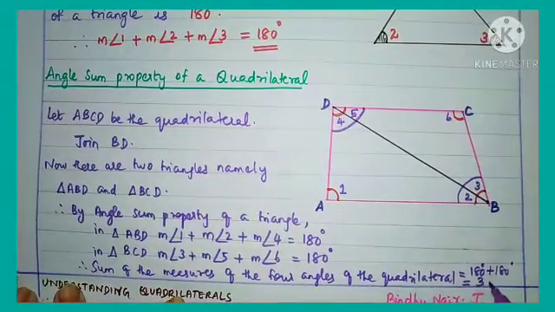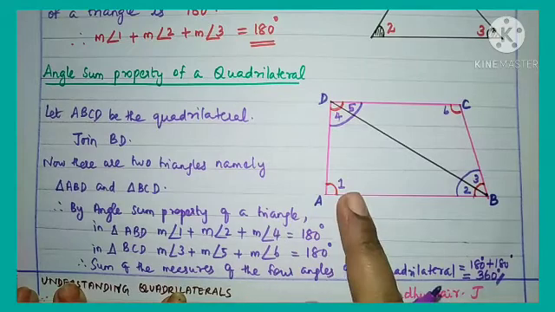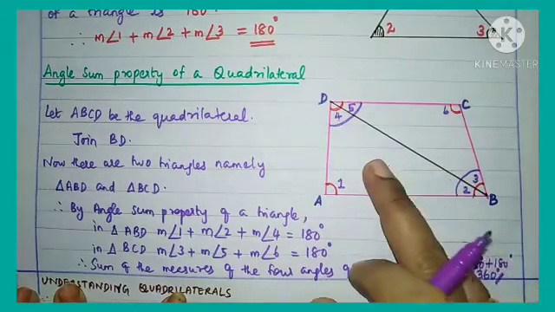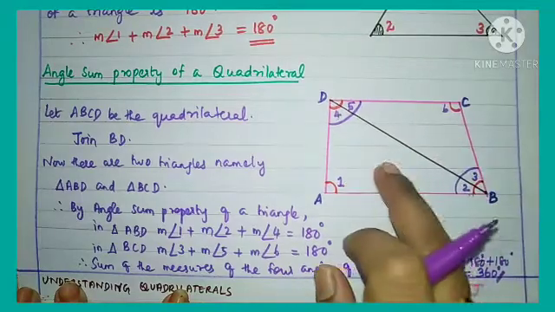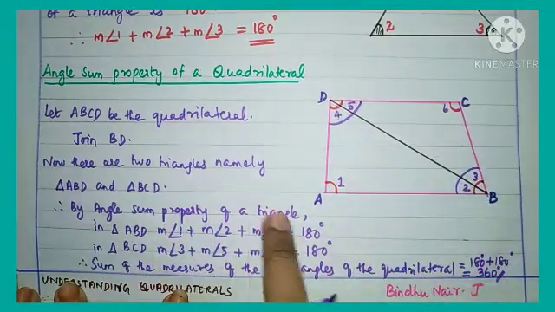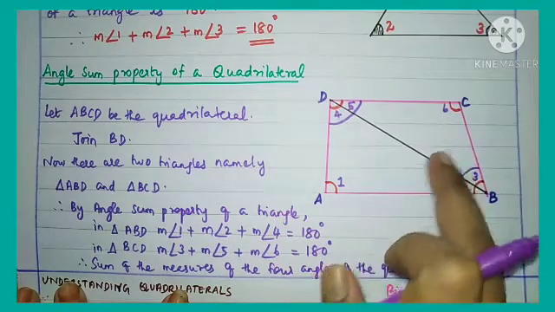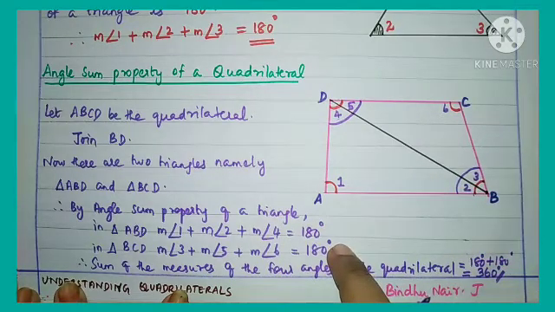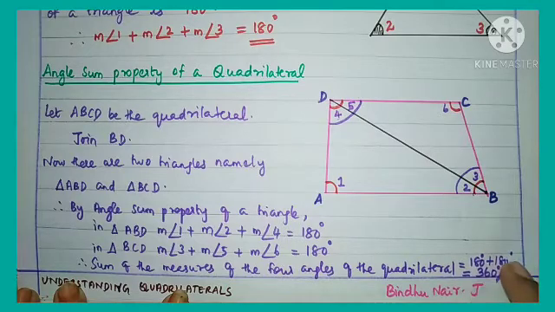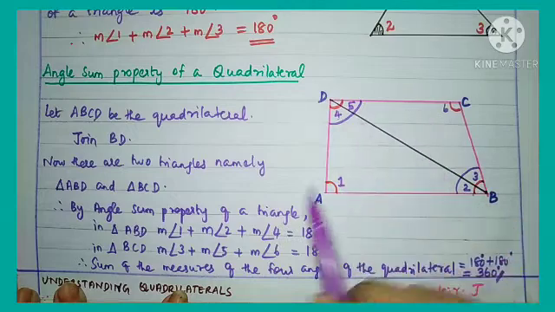That is equal to 360 degrees. So what is the meaning of this? To find the angle sum property of a quadrilateral, we need to divide it into two triangles, and using the angle sum property of a triangle, we use the angle sum property of these two triangles, so that we get 180 plus 180, that is 360 degrees, the sum of the measures of the four angles of this quadrilateral.